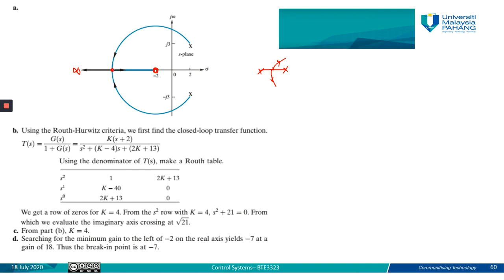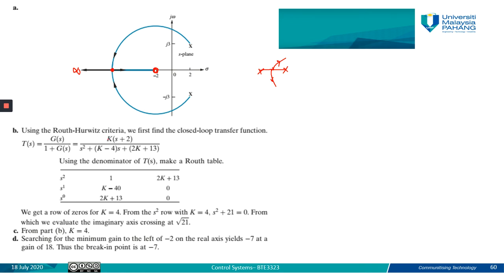Okay, so in order to calculate the break-in point here, we are going to search for the minimum gain to the left of negative 2 on the real axis that yields negative 7 at the gain of 18. Why the gain of 18 here? The gain of 18 is the gain where the value of k will cross the imaginary axis.